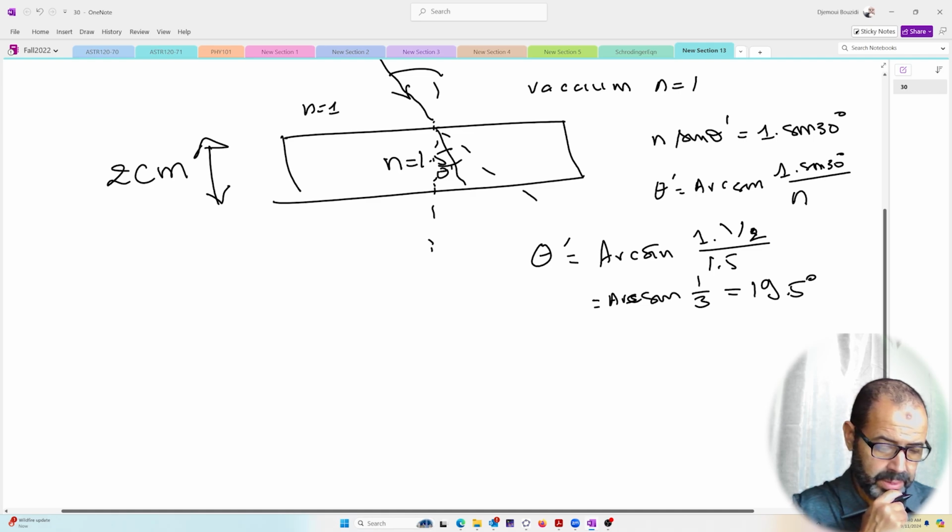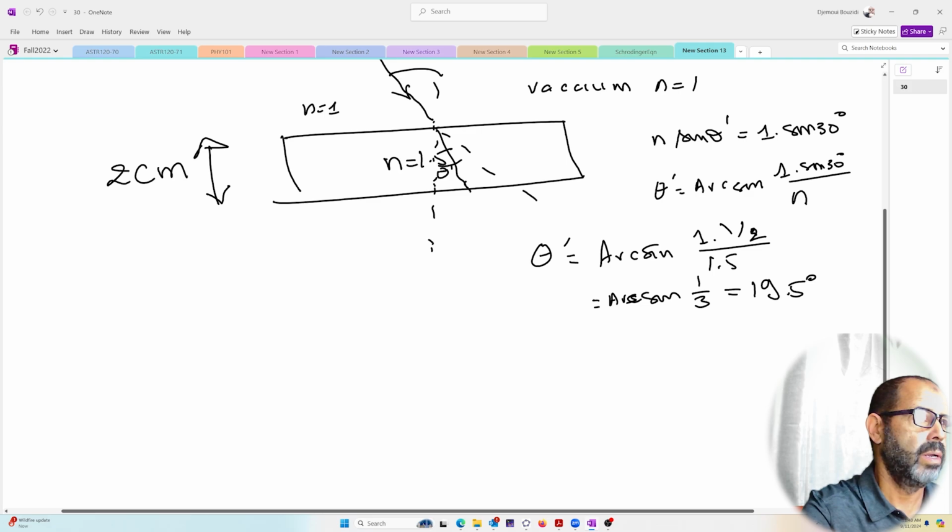Part B, find the angle of incidence at the bottom surface of the refracted ray. So you want this angle in here, which is going to become incident. This is going to be theta prime. So theta prime is going to be your angle of incidence for the bottom.